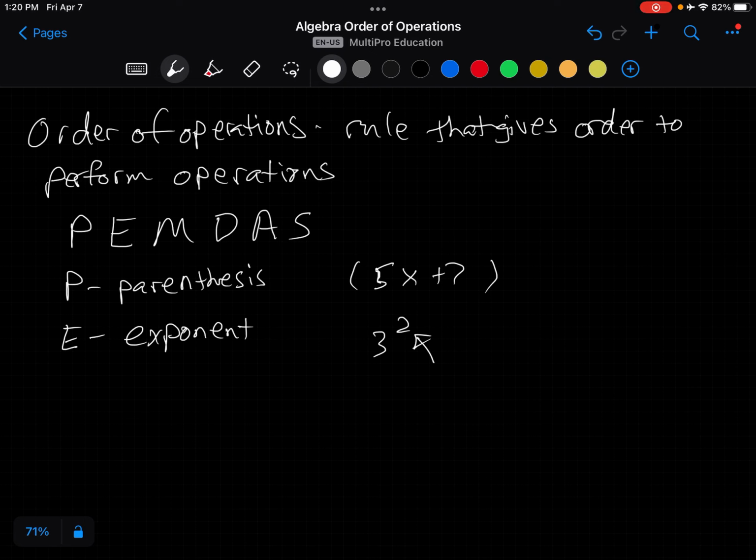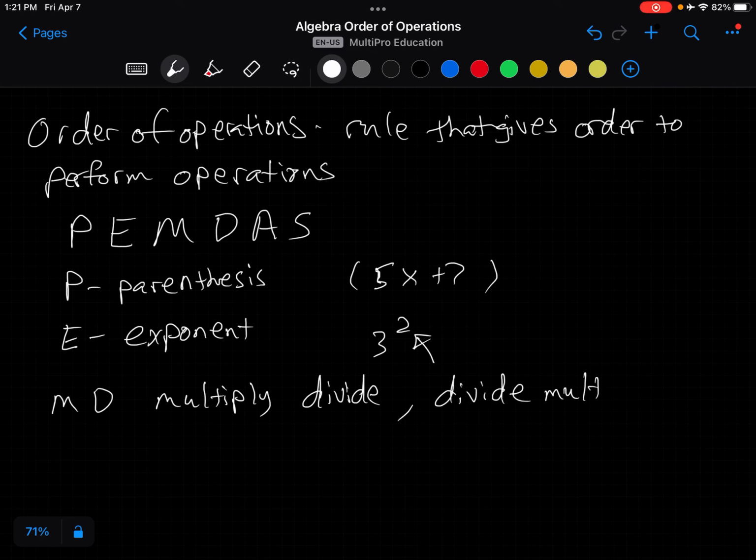Now here's where you combine two things. Let's do MD. Are we talking about a medical doctor? No, remember, this is math. So M and D, that's multiply, divide. You can even divide, multiply.